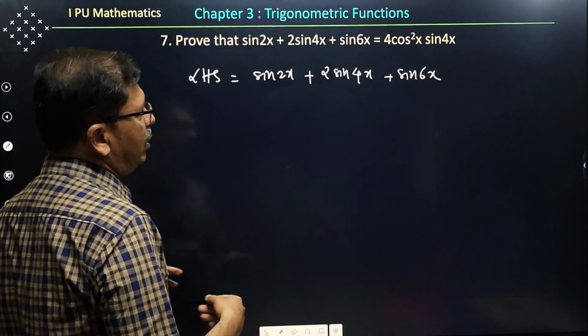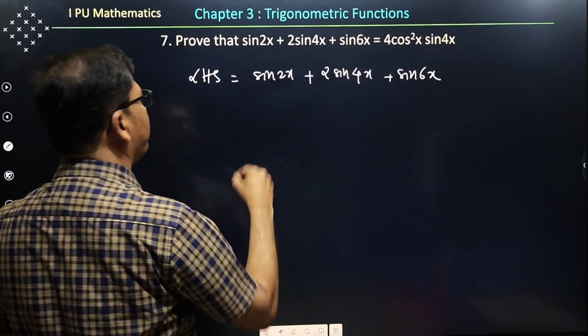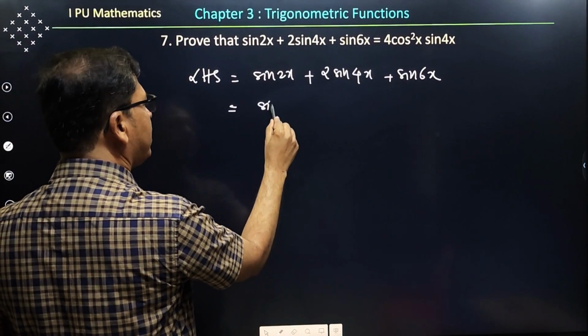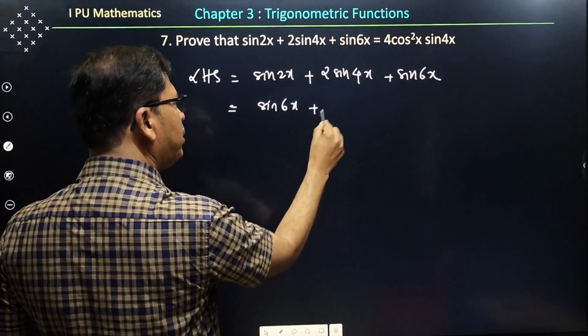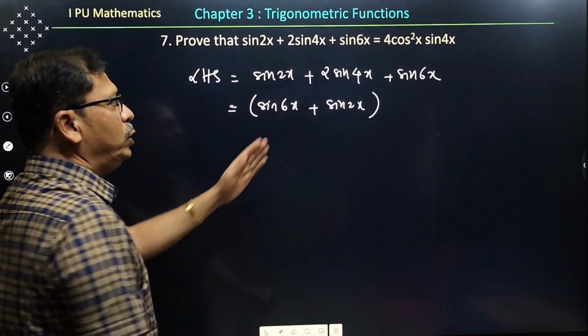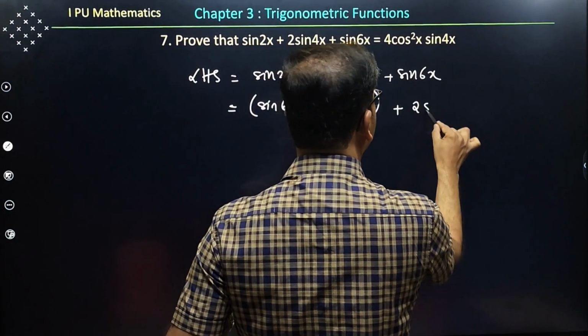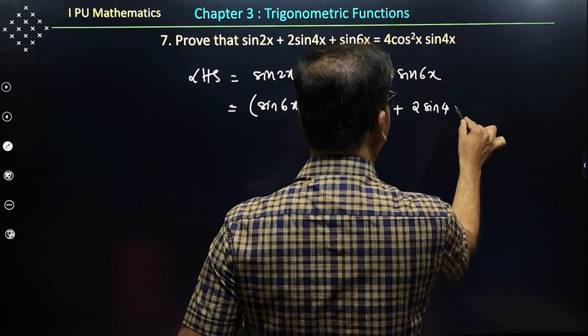Now it is convenient to club sin 2x and sin 6x. So first of all I would like to write sin 6x clubbed with sin 2x. One part you make it, 2 sin 4x to the right side, plus 2 into sin 4x.